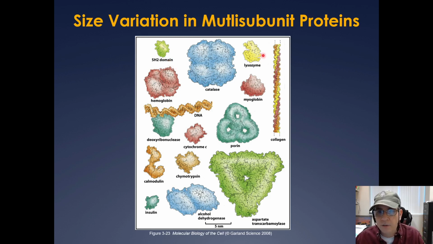Okay, here's catalase, lysozyme. Here's collagen, which we'll see in a second. That forms a 3-helix bundle. Deoxyribonuclease bound to DNA, cytochrome C. Here's a porin molecule, alcohol dehydrogenase, chymotrypsin, calmodulin. Here's the small insulin, and then you have aspartate transcarbamoylase.